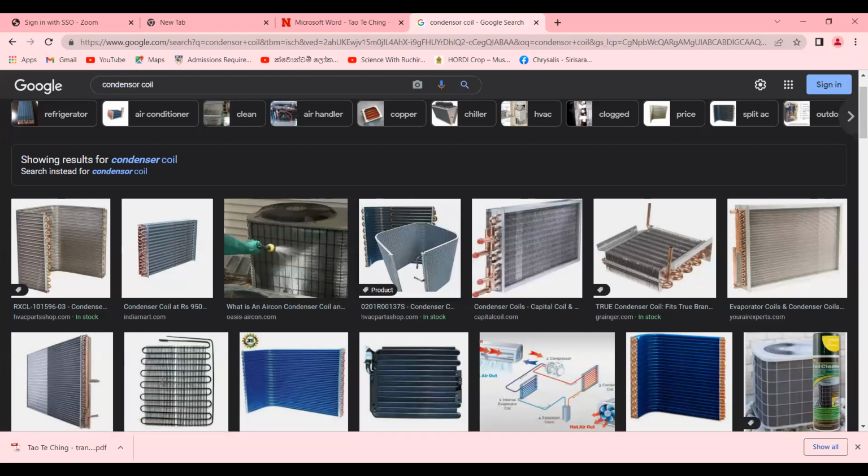See whether we can have one. Condenser coils.